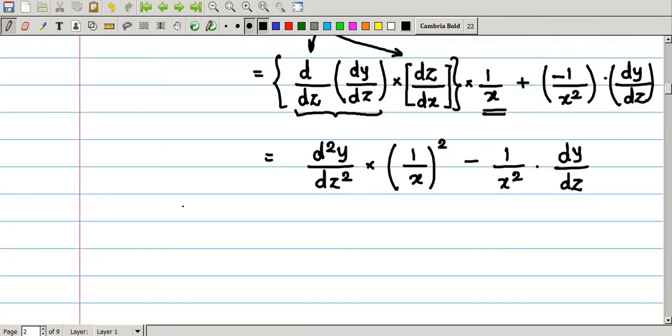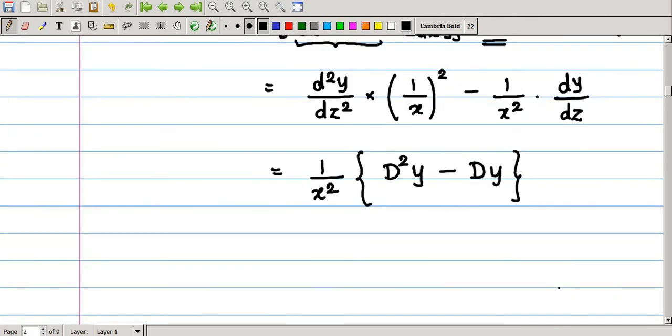Since we have used a differentiation operator D, we can take 1 by x square common, and this is nothing but second order derivative of y with respect to z minus derivative of y with respect to z. And in the left hand side we got second order derivative of y with respect to x.